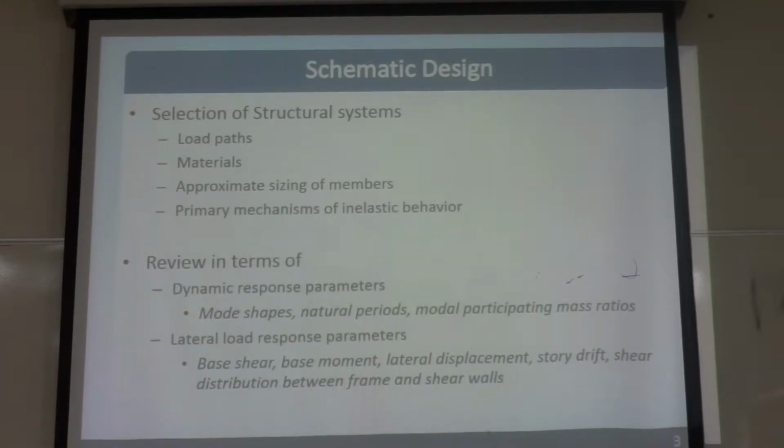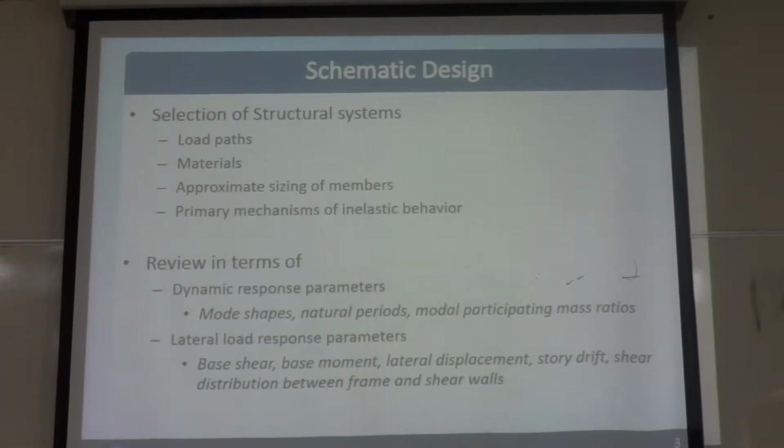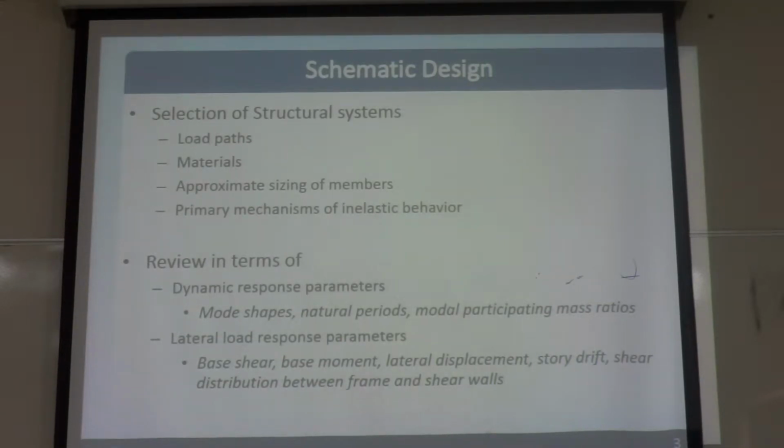For lateral load system, we have to consider the load path. Normally, for seismic load, the load is generated from the mass of the structure. So, the seismic load will generate from the mass of the slab, and then it will transfer to the moment frame or shear walls, and then it will go to the foundation.